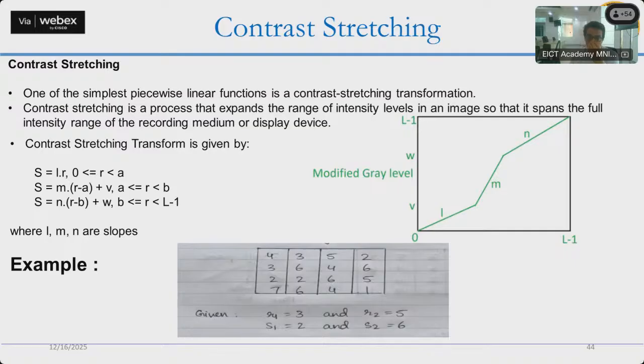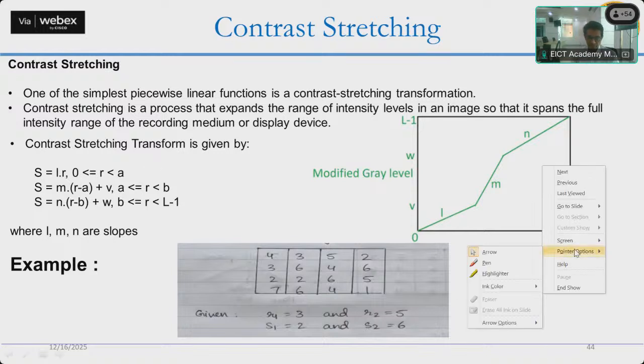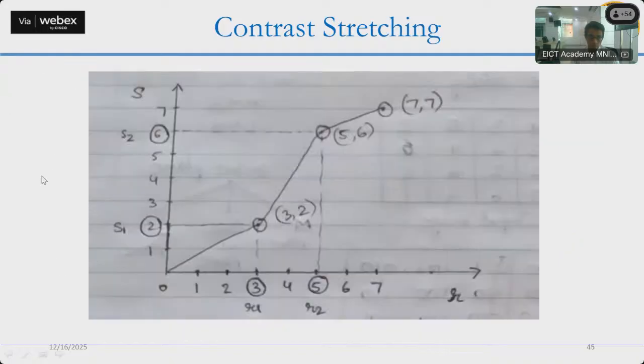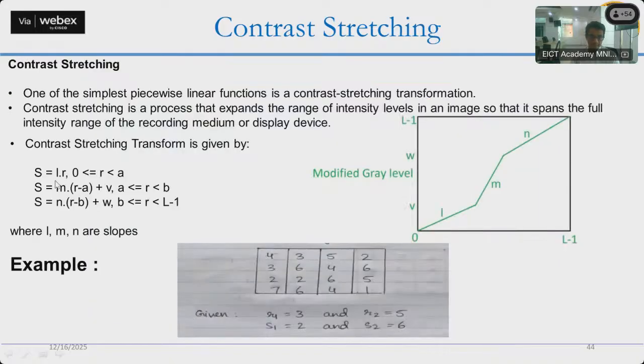Now we will take up the example of contrast stretching. Whatever we are discussing is all part of transformation, right? In contrast stretching, there are basically three regions.